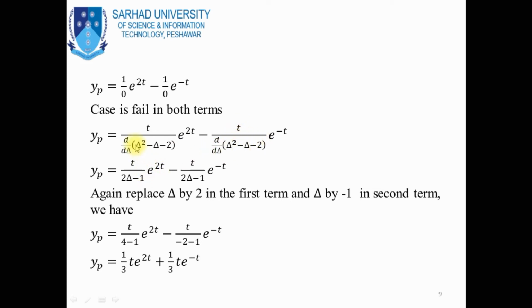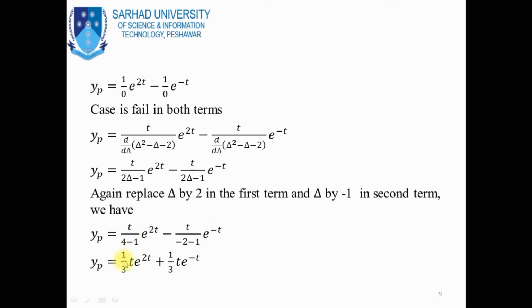So the derivative of delta square is 2 delta, the derivative of delta is 1 and the derivative of 2 is 0. So replace this delta by 2 and replace in the second term this delta by minus 1. So we obtain t divided by 4 minus 1 into e power 2t, and t divided by minus 2 minus 1 into e power minus t.